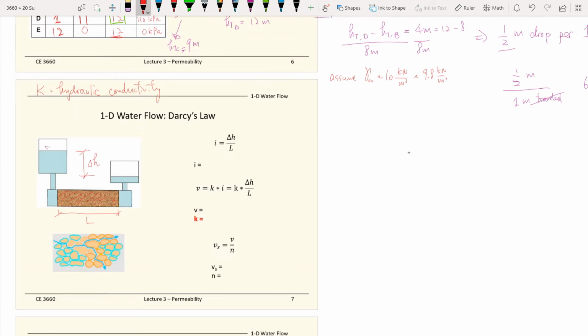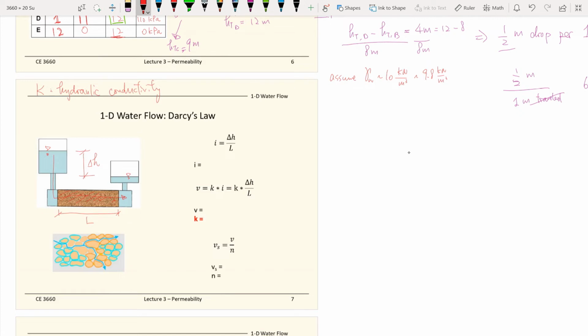On the left-hand side you have a higher water table, and on the right-hand side a relatively lower water table, which gives you a gradient in energy, such that the water will flow from the high water table to the low water table, from high energy to low energy. This is the basic setup of this laboratory experiment.